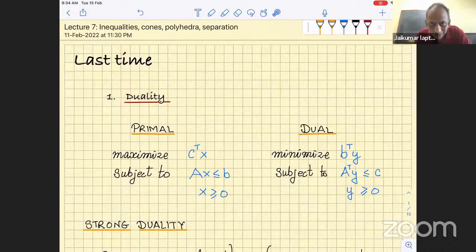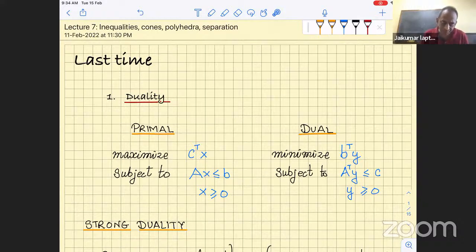Srijato, can you hear me? No. So let's start. Oh, he doesn't even have his microphone. Okay. Since everything is being recorded, we'll start.